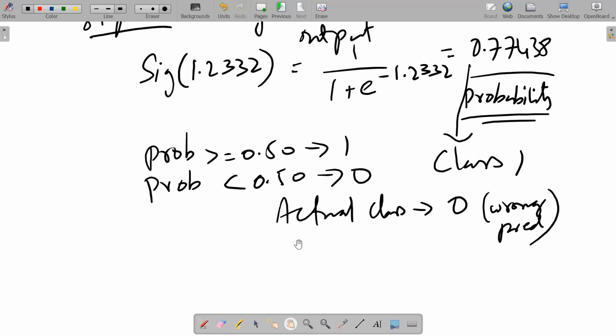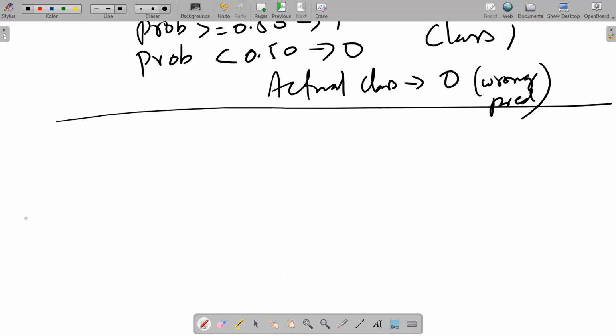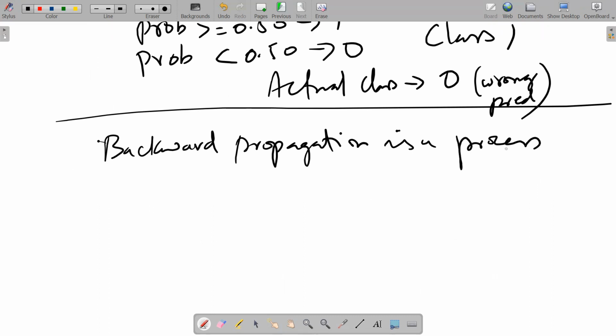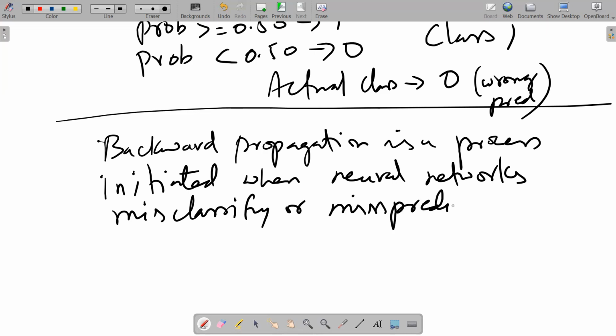So whenever neural networks predict wrongly, they start a process called backward propagation. Backward propagation is a process initiated when neural networks misclassify or mispredict. What is backward propagation?